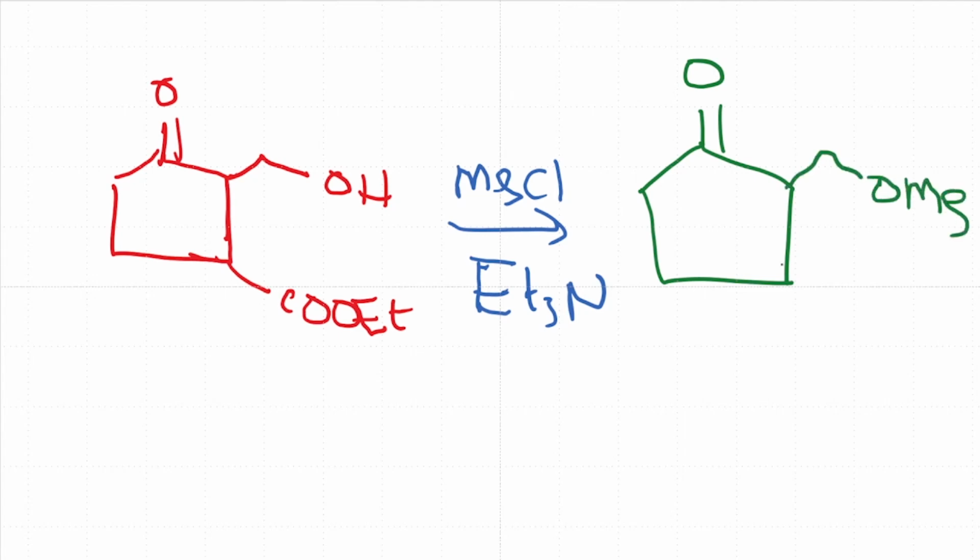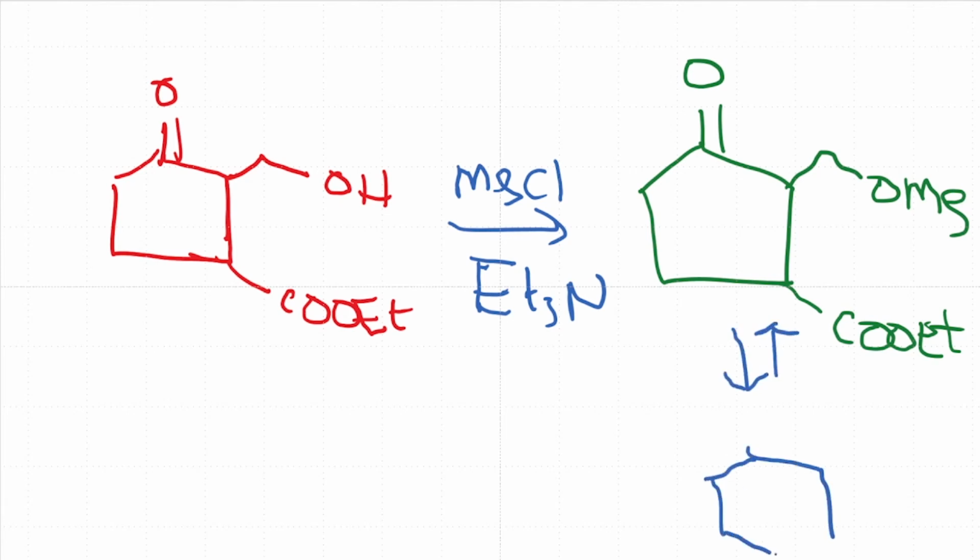OMs and COOEt. In the presence of a mild base, this can equilibrate to its corresponding enolate, O minus, OMs, right?